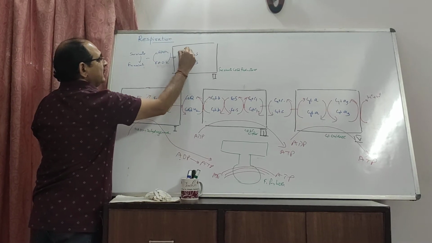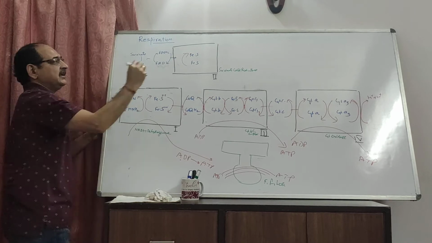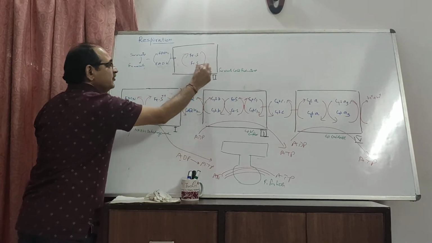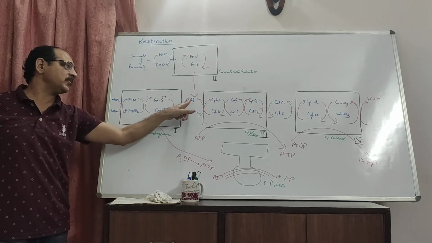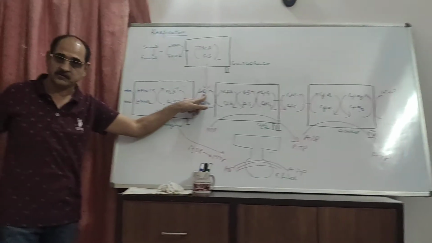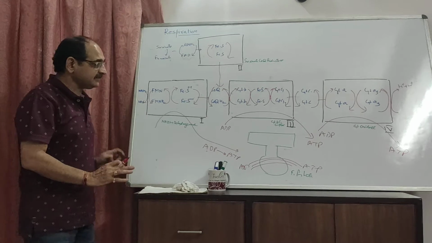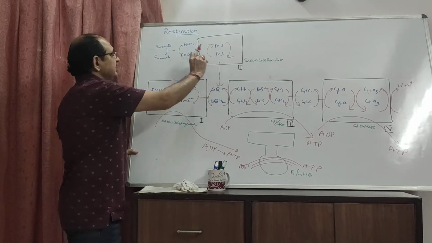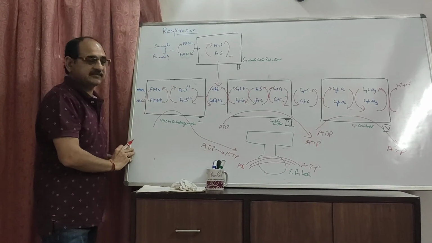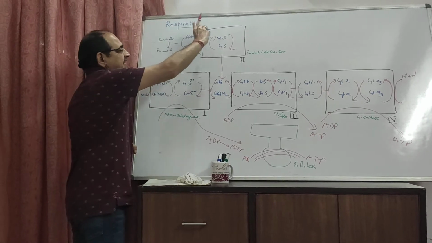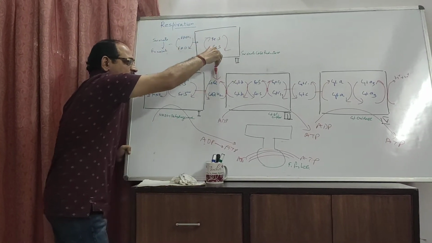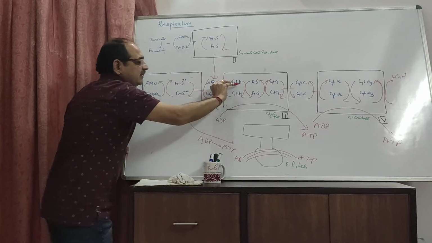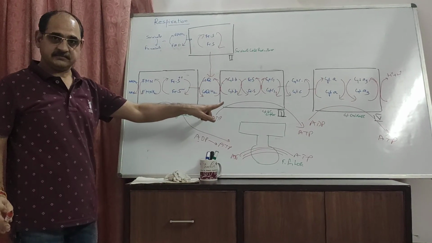It will accept hydrogen, donate, get reduced, and from here where will these hydrogens go? To the intermediate mobile carrier, that is coenzyme Q. It means when FADH2 releases hydrogen, those are accepted by complex 2nd, and then from complex 2nd this goes to coenzyme Q and finally to complex 3rd.